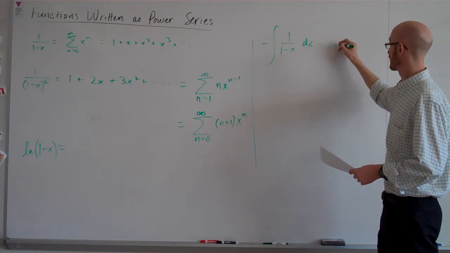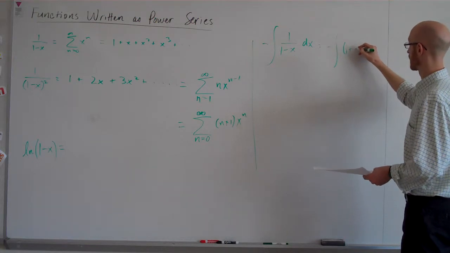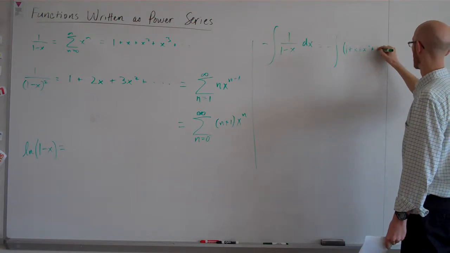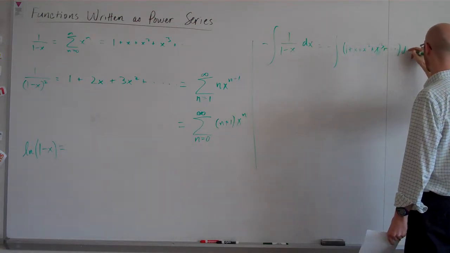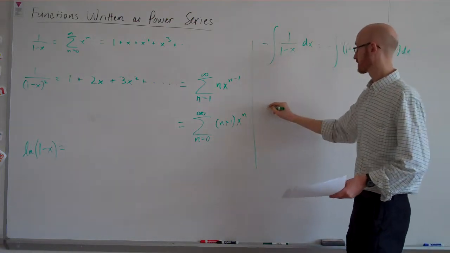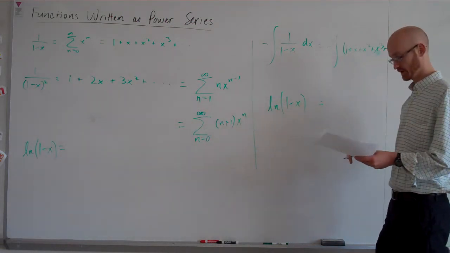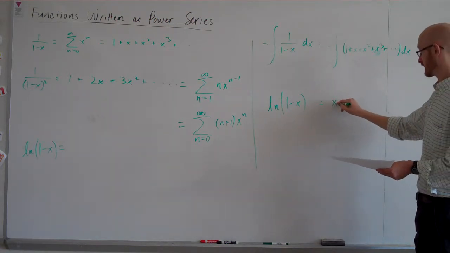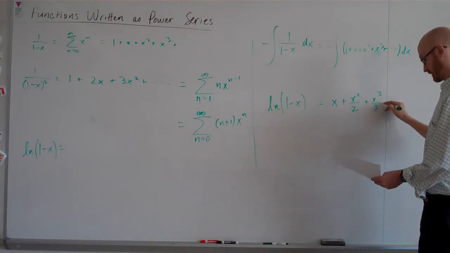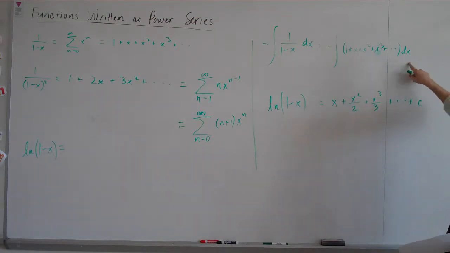And this will effectively be like negative the integral of 1 plus x plus x squared. And this is, of course, natural log of 1 minus x, because we set it up that way. And here we'll get x plus x squared over 2 plus x cubed over 3. And I took the constant from here and made it that.